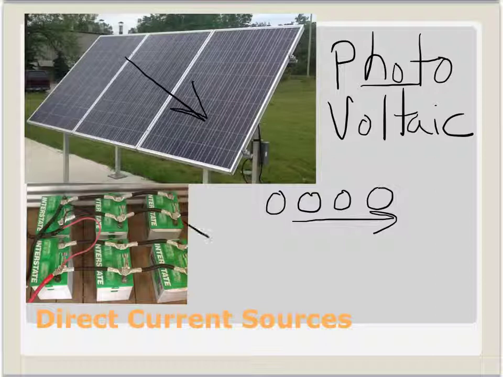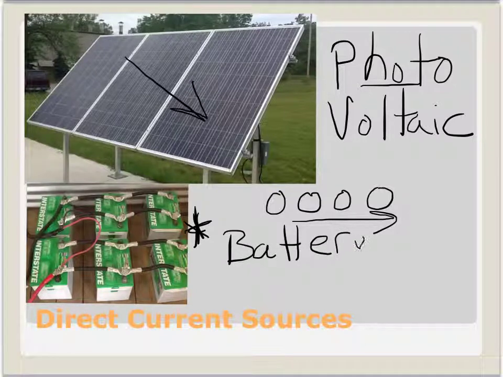A second source right here, you can see these are batteries. Batteries are a really good source for DC. And it's important to also talk about batteries because they're used a lot, definitely in the alternative side of things, but these are configured differently.